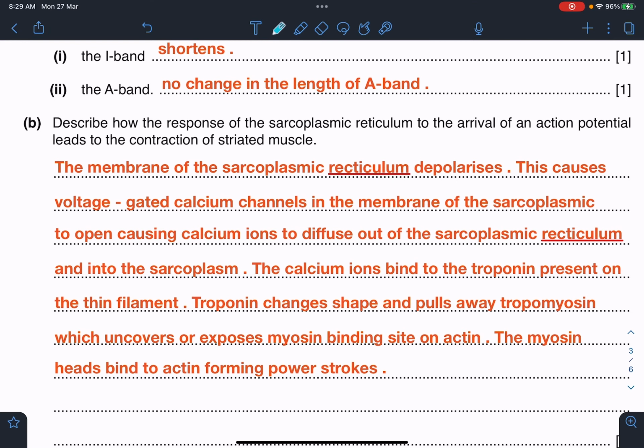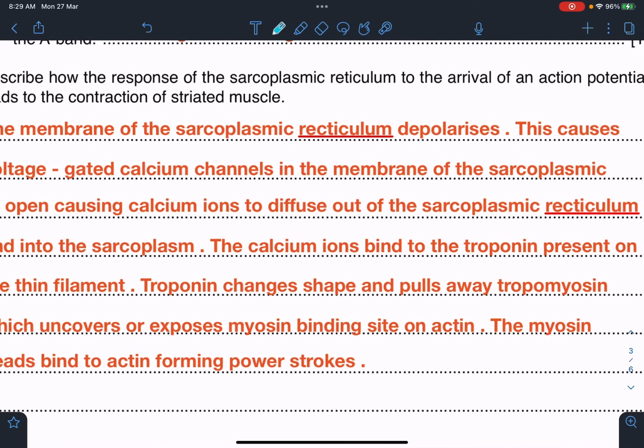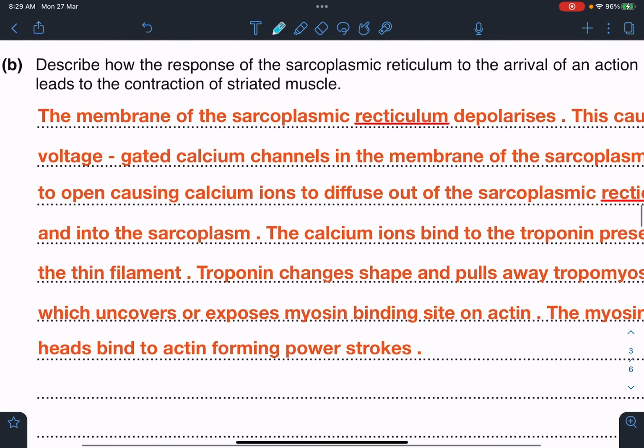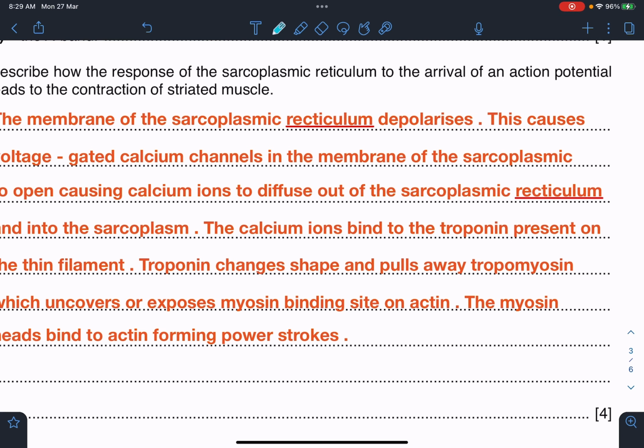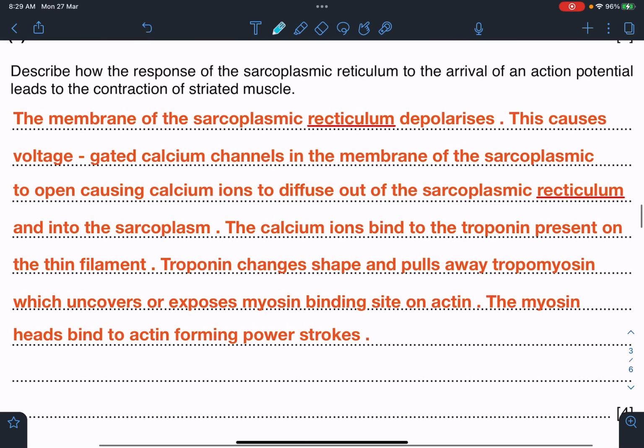This will cause voltage gated calcium channels in the membrane of the sarcoplasmic reticulum to open, causing calcium ions to diffuse out of the sarcoplasmic reticulum and into the sarcoplasm.